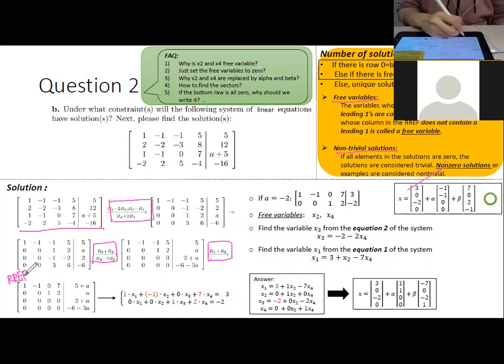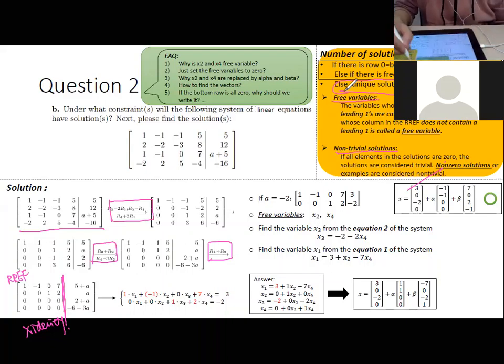Now you can see the left side of the RREF is not an identity matrix. That's because this system of linear equations does not have a unique solution. So now we discuss whether it has no solutions or infinite solutions.